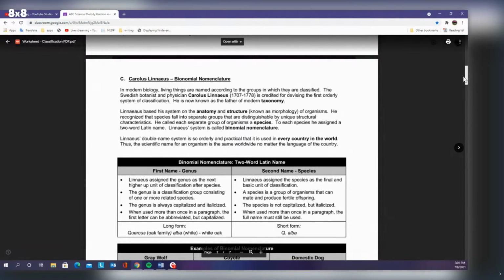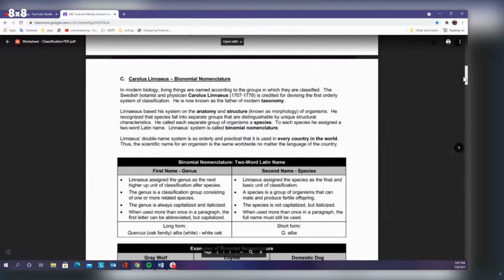Two names, nomenclature, name. So a biological name and then a name again. And this was a Swedish physician and botanist who studied live plants named Carolus Linnaeus. And he came up with this system of classification that we call taxonomy.